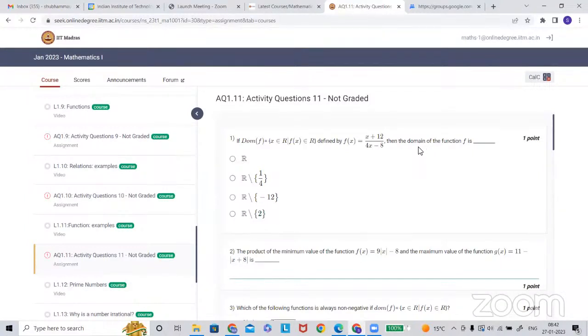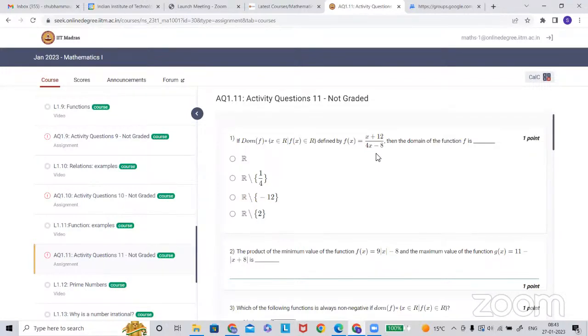Okay. So do you know what is going to be the domain of this function? No, sir, I have no clue. See, what do you mean by the domain of a function? It's the input values. Can you substitute here the input as x equal to 8/4? You are able to substitute x equal to 8/4?